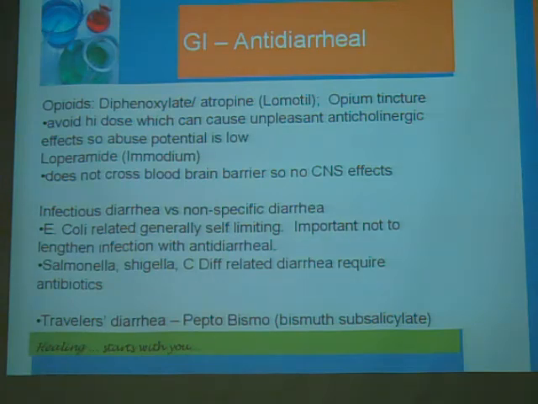Travelers' diarrhea, we briefly touched on bismuth, Pepto-Bismol. Pepto-Bismol is not an acid in itself necessarily. Bismuth subsalicylate is almost like an antibiotic, if you will, but it also has an aspirin-like effect because it's a salicylate.